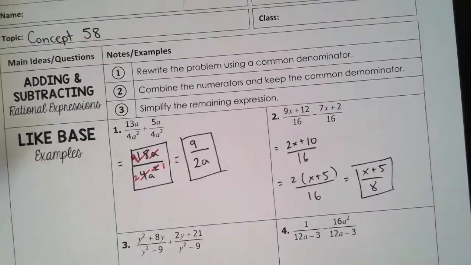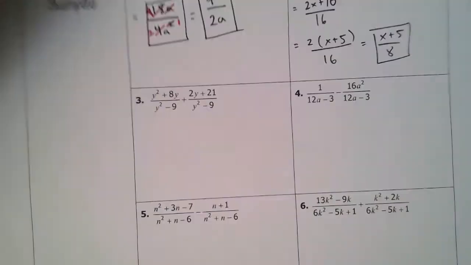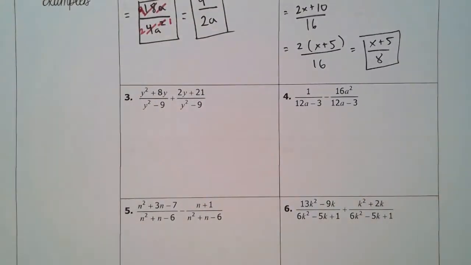Okay, so how do these get more challenging? Starting with number 3. Notice that now I have these quadratics, difference of squares, these types of expressions. So in addition to adding expressions together, you're also going to be able to simplify further, as opposed to number 1.